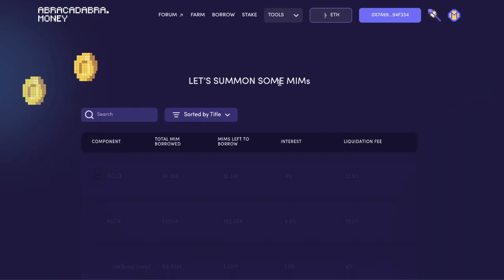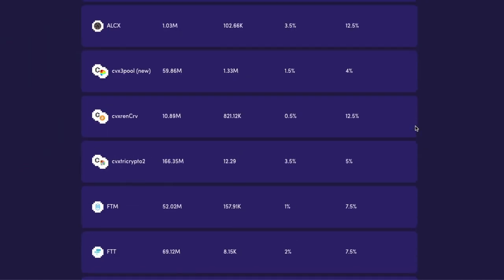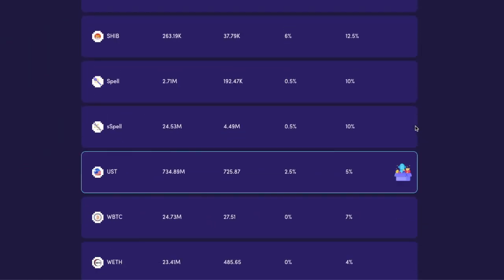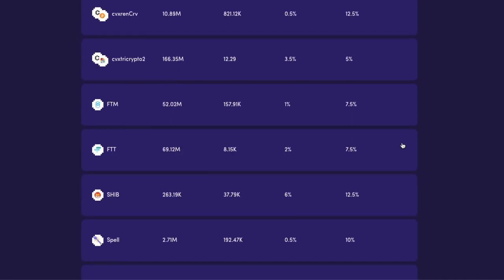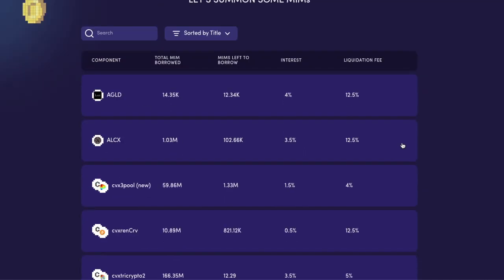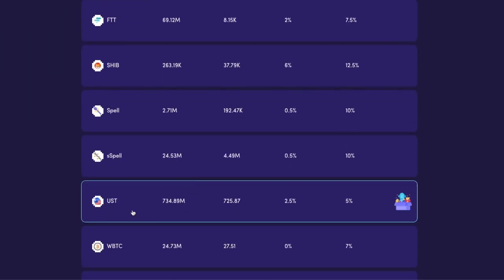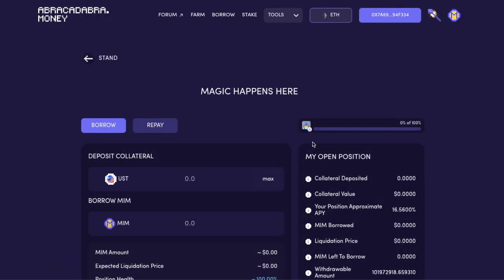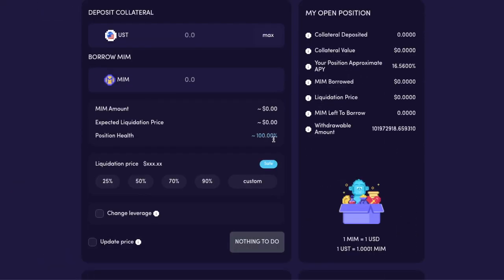For a while there was an issue with the availability of MIM, but due to the issues we had with Time Wonderland, there was a lot of FUD around Abracadabra money, and people started taking money out. So if you see, MIM left to borrow in the degen strategy, we have 725 million available. It's pretty cool in my view.